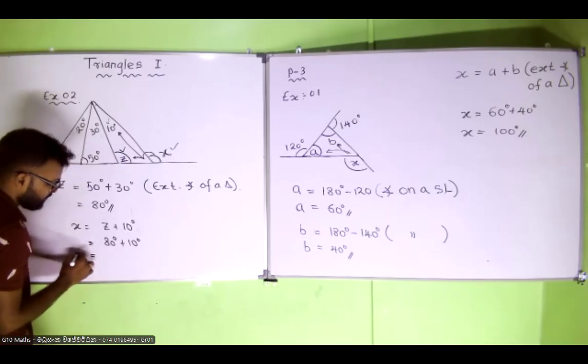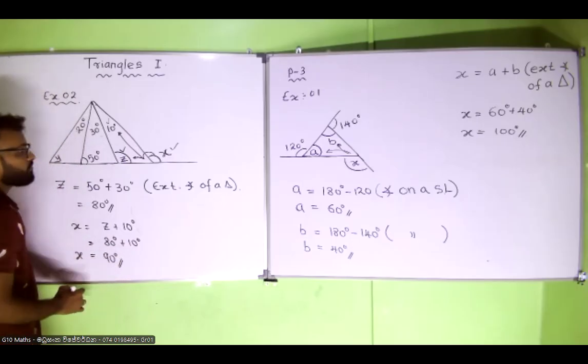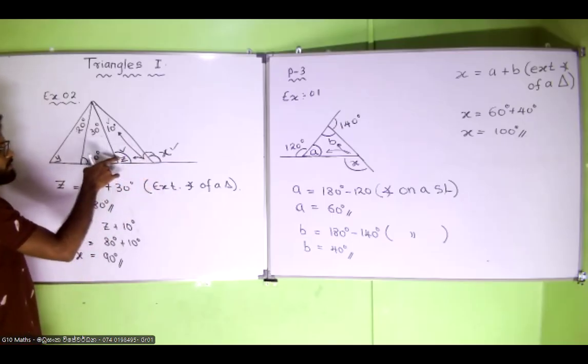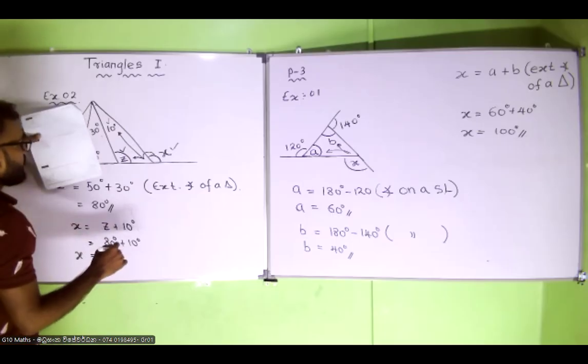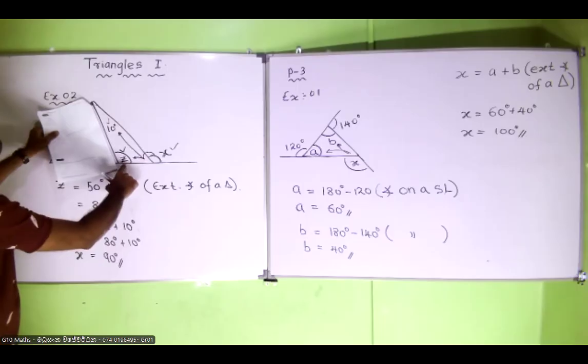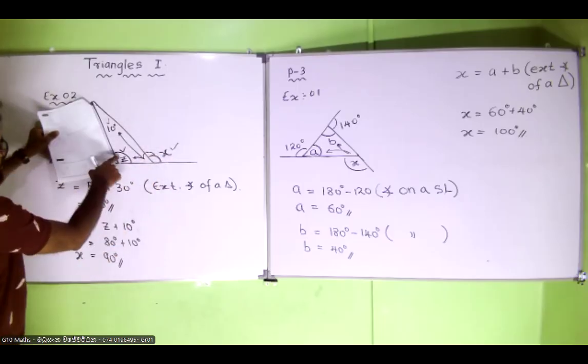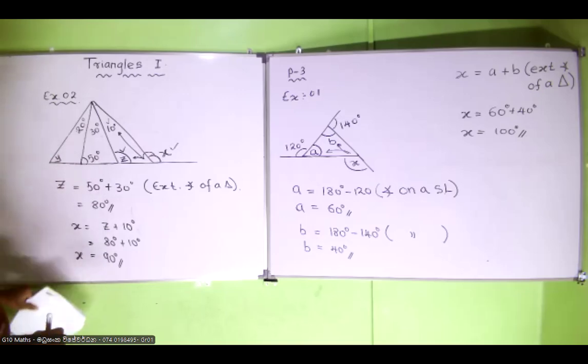So x becomes 90 degrees. This x becomes the summation of z and 10 by using the previous theory. If I forget these things, this is my triangle and I have extended the bottom side. Z plus 10 equals x, the exterior angle.